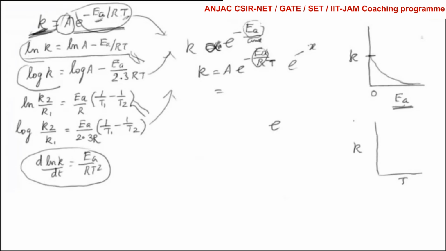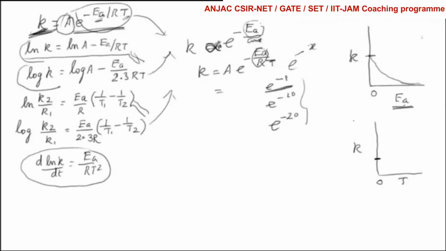For example, e power minus 20, e power minus 10, e power minus 1, of these three, e power minus 1 has the higher value. Therefore, at e power 0, when the temperature is 0, K is not 0.